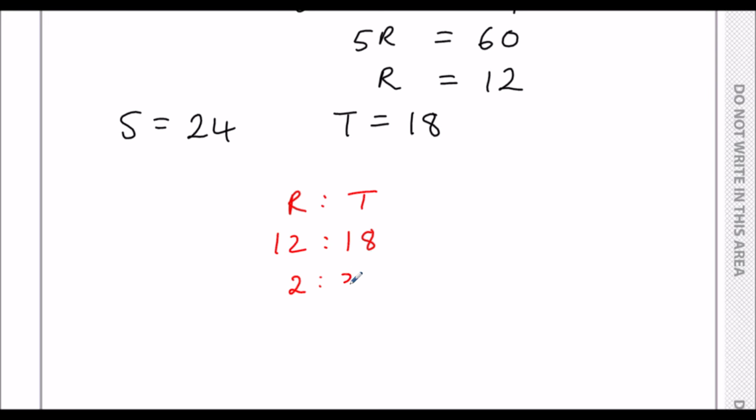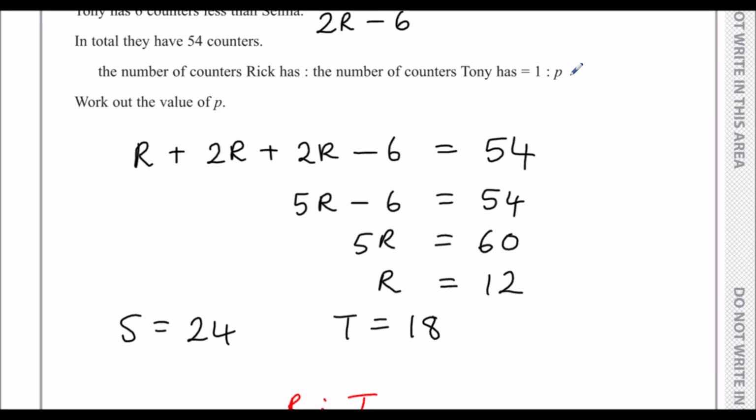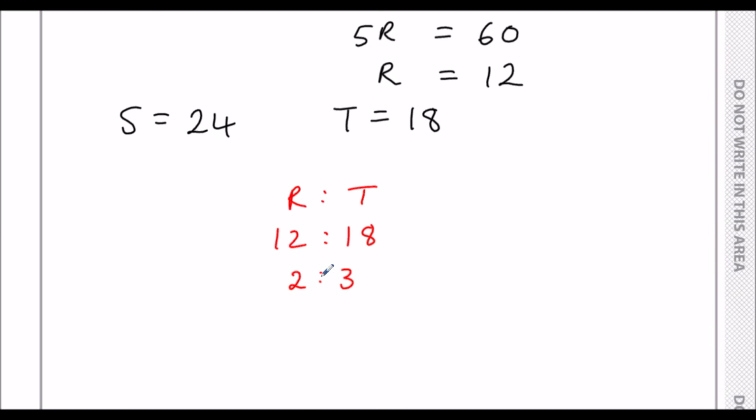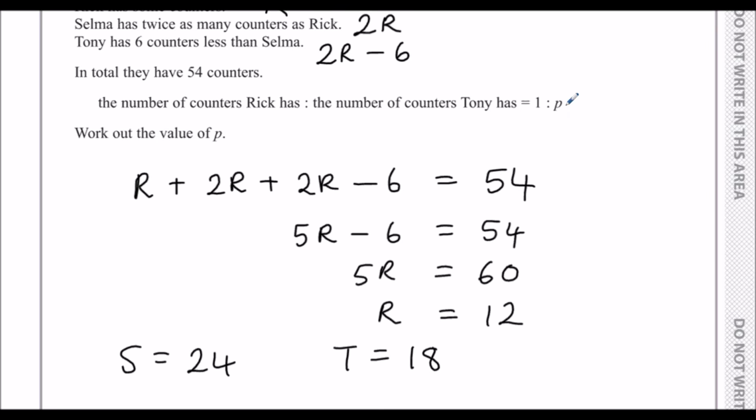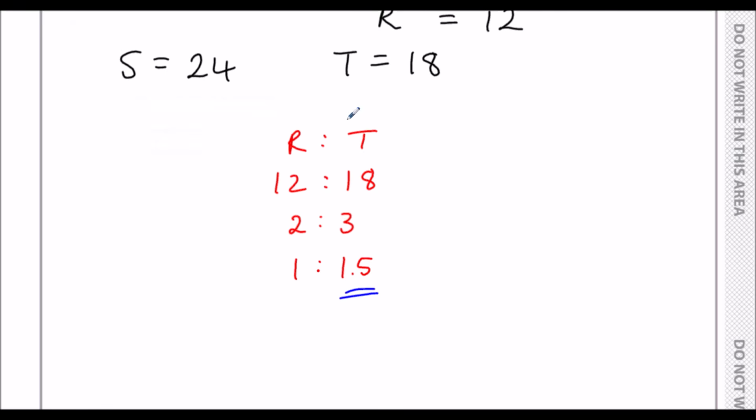They're both in the 6 times table, which would get me to 2 to 3. But it's not in the form 1 to something, 1 to P. So I have to half them. I want the Rick to be 1, so I half both sides. 1 to 3 over 2, or 1 to 1.5. So the question said, what's P? P is 1.5.